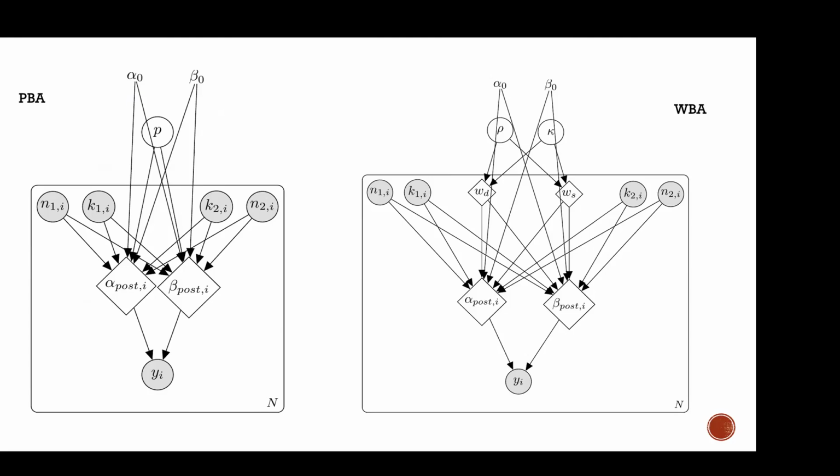In the reparameterized weighted Bayes, rho and kappa determine WD and WS, and then the weights together with the evidence from the two sources give us the posterior belief.